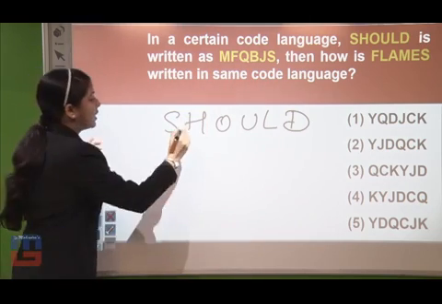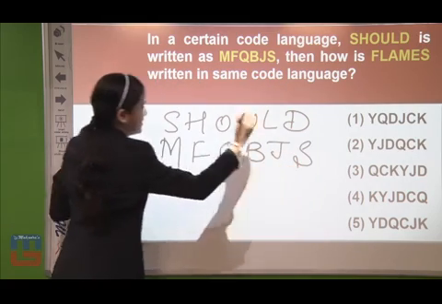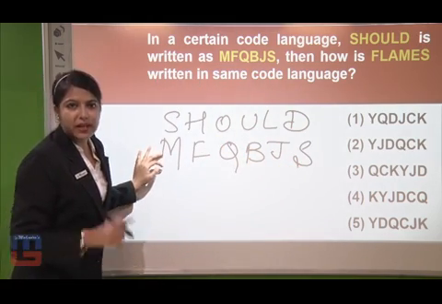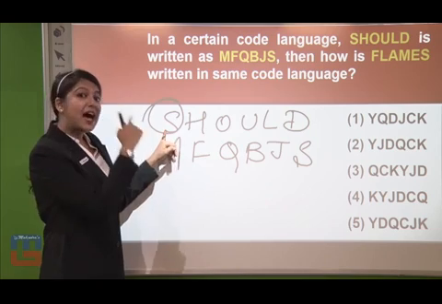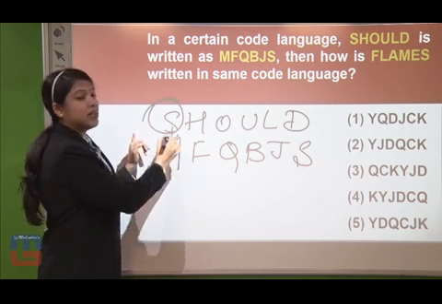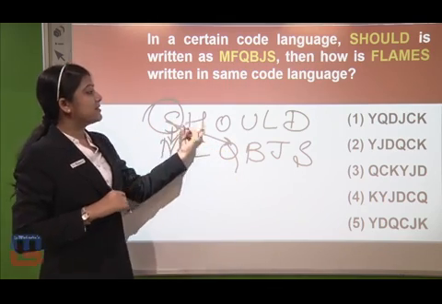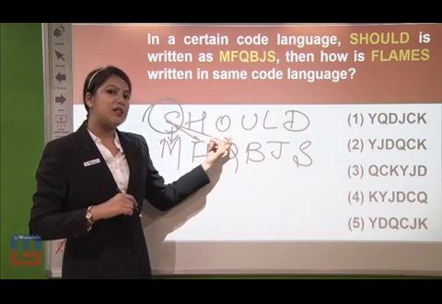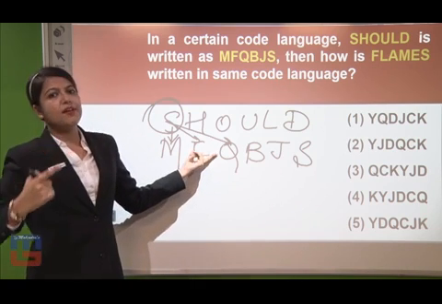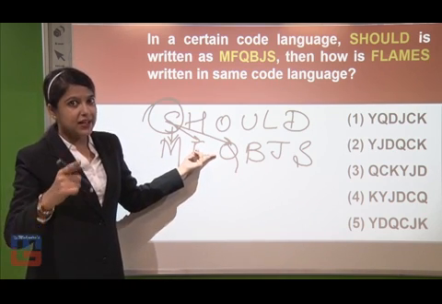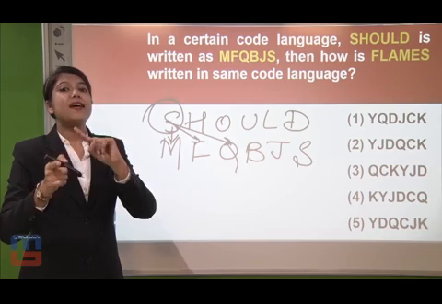And for this should, the code provided to us is M, F, Q, B, J and S. Now, when I talk about uniformity, the concern is that if we are talking about S, S has to be related in a pattern form either to M, or to F, or to Q. Because this is a 6-letter word, and if the first is relating to the second letter, the second will definitely relate to the first letter. If the first is related to the fourth letter, the fourth will definitely relate to the first letter. So this is a vice versa pattern.